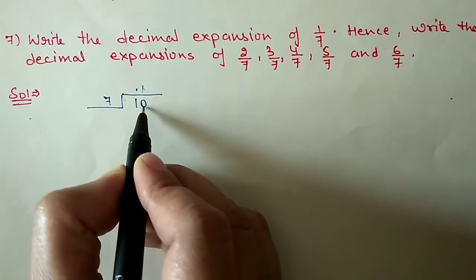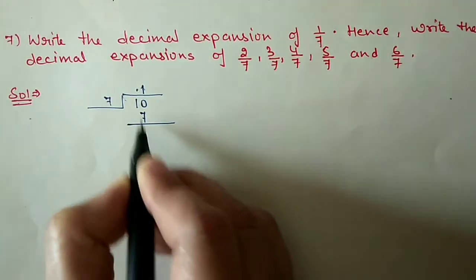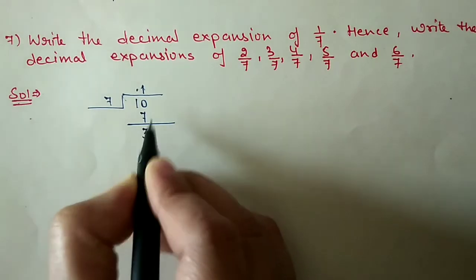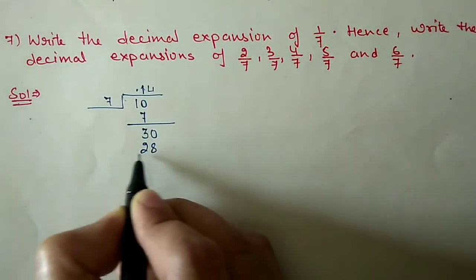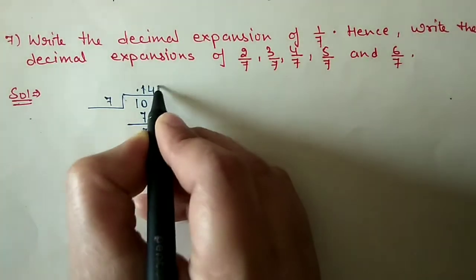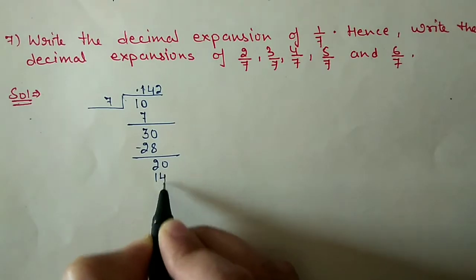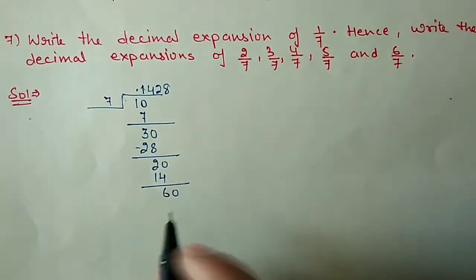First put the decimal, take 10, 7 1 ja 7. Then next 3 will come, take 1 more 0, 7 4 28. Then 20, 7 2 14. 6, then 1 more 0, 7 8 56.